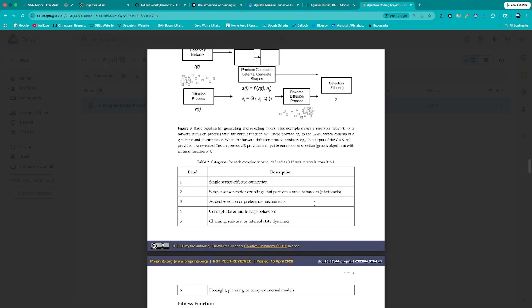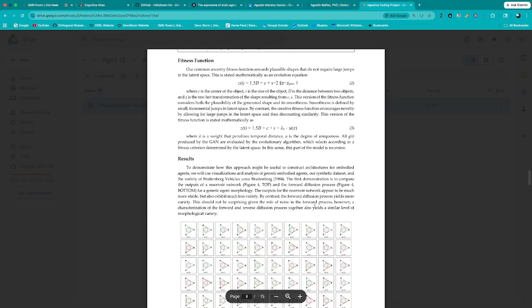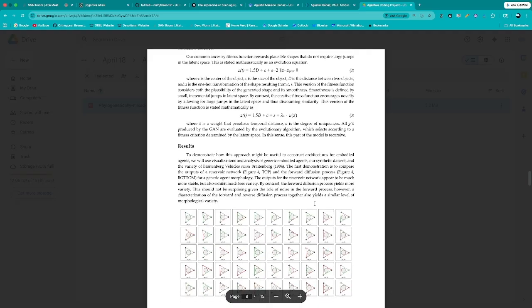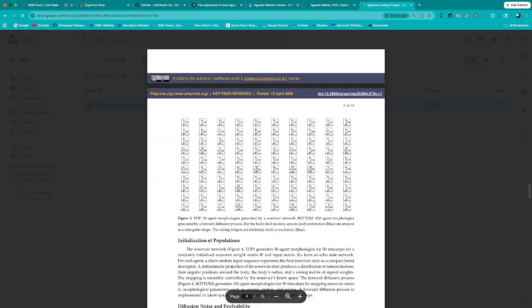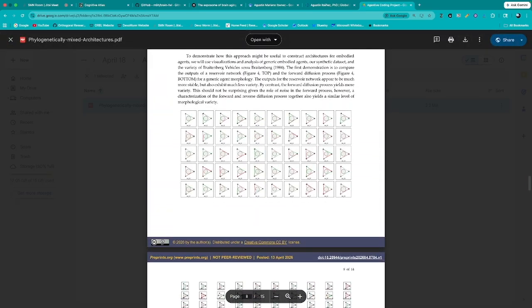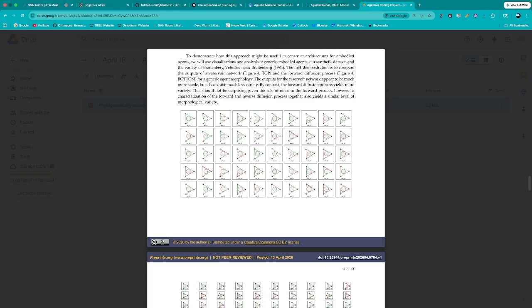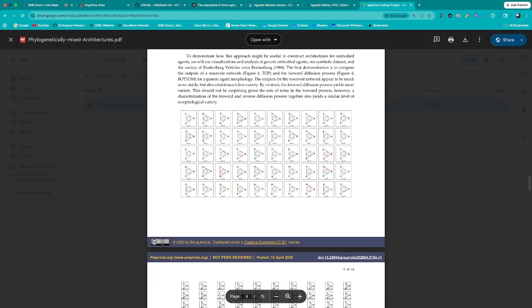And then I also had the Braitenberg vehicle data set, which was generated in a similar way. These are some examples from the reservoir network based on the Braitenberg vehicles data set, where you had this body and then this internal model, which was a circle.